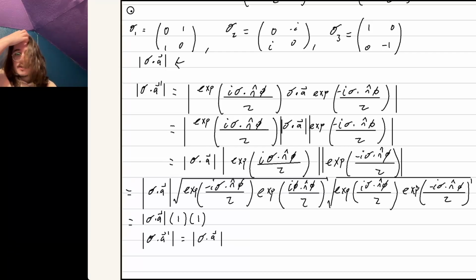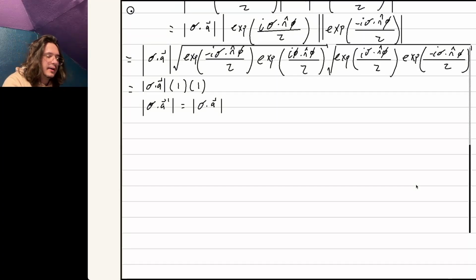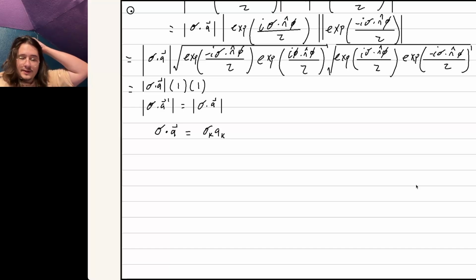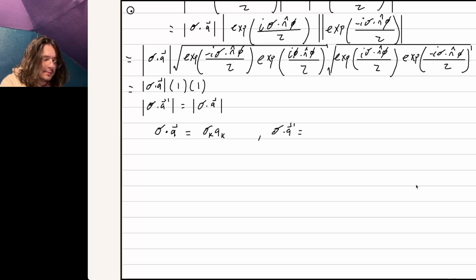Next bit. It's telling you to find what ak prime is. What is even ak? Well, you can express the dot product of a Pauli vector with any other vector as sigma k ak, just because each component of the vector presumably is just a scalar component. So you're multiplying that by Pauli matrices and summing over k, which means sigma dot a prime can be written as sigma k ak prime.